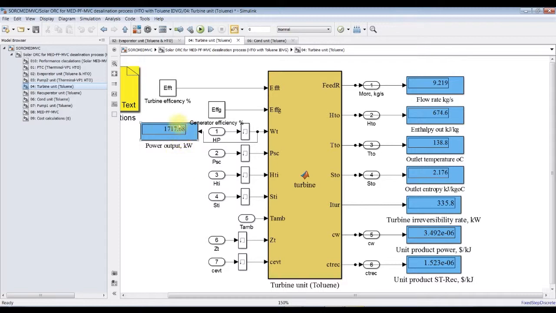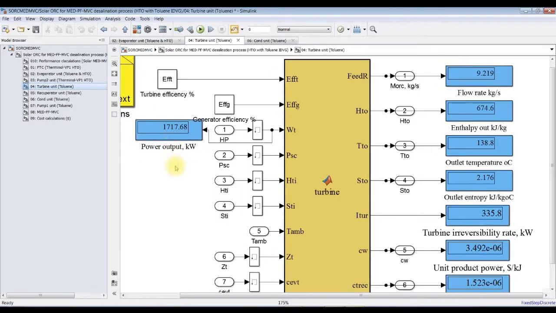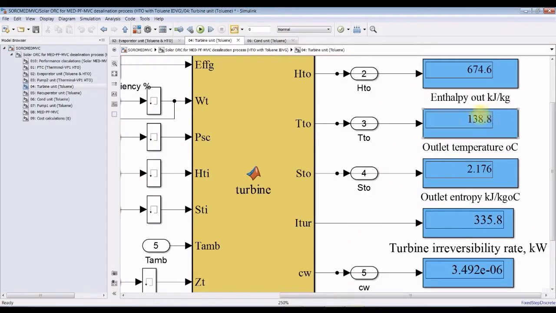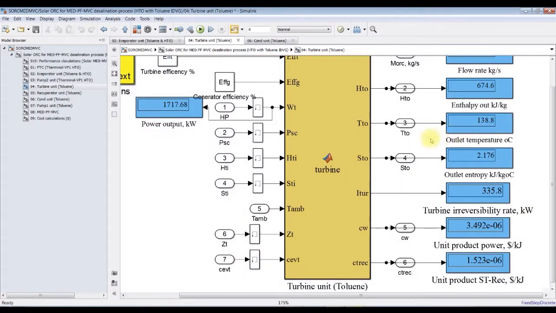This is the value that the turbine or the organic Rankine cycle should provide, and this is the total mass flow rate. The outlet temperature from the turbine is 138, entropy, irreversibility, cost of the power, and so on.